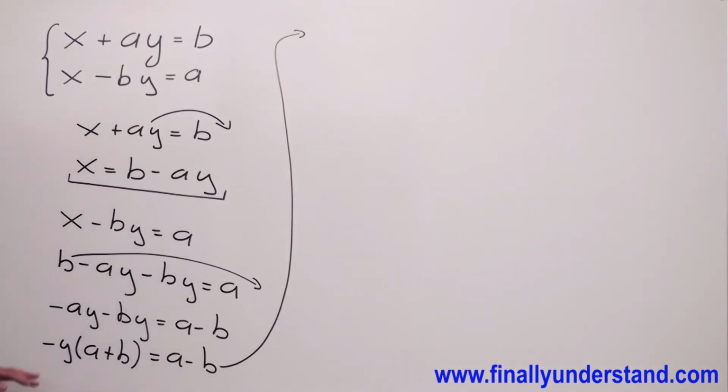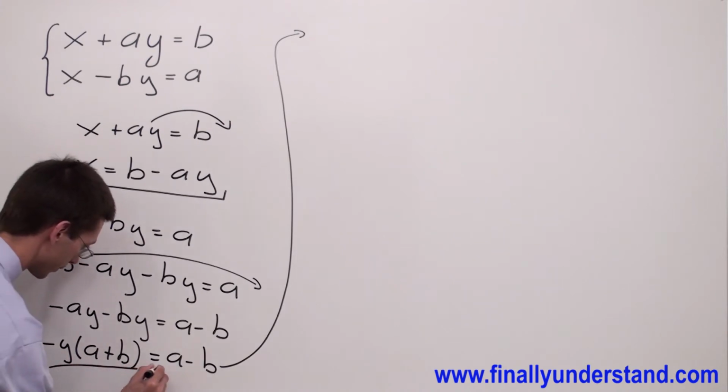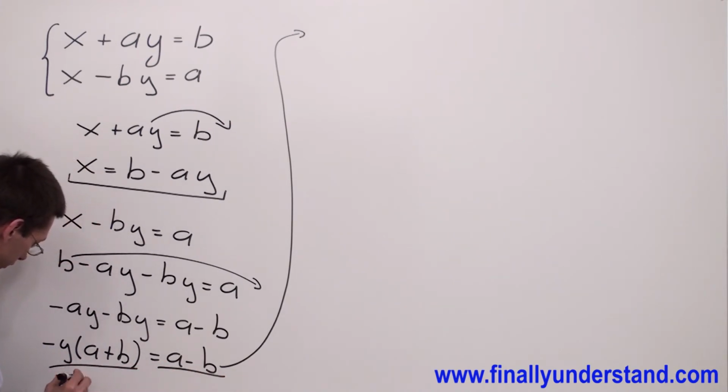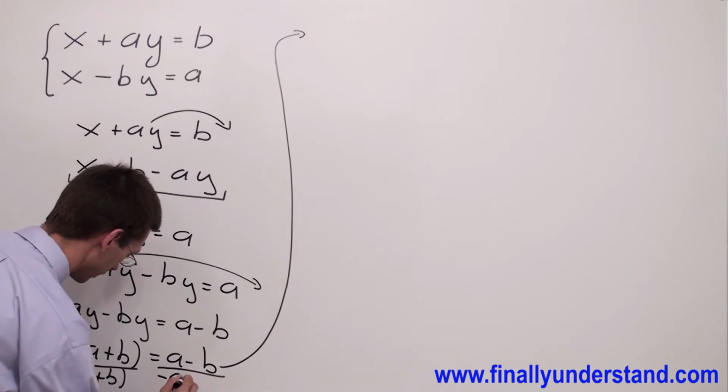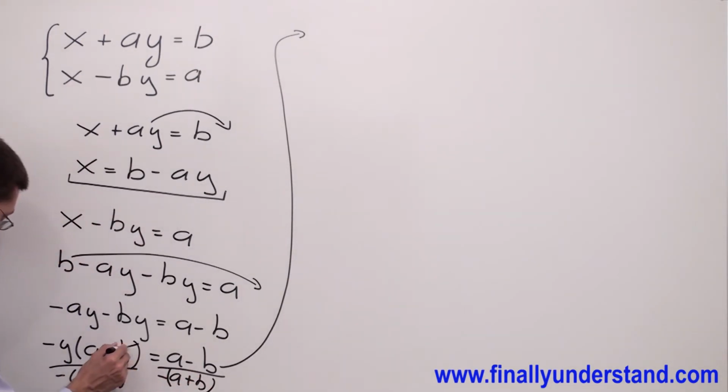Next, we're supposed to find the value of y. Okay, so I have to divide both sides of this equation by whatever is multiplied to y. I have to divide both sides by negative a plus b. So a plus b and a plus b will cancel out. Negative sign and negative sign will cancel out.